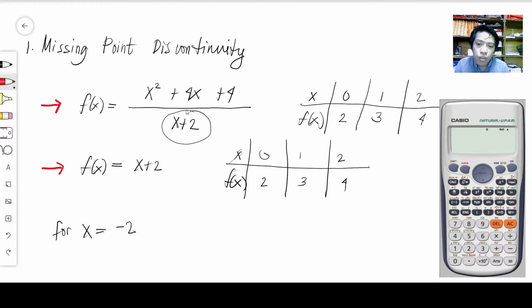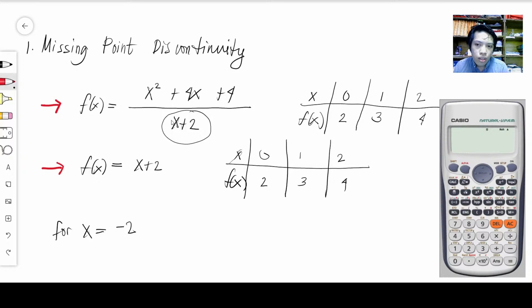So one function is undefined, while the other has a value of f of x that is a real number, and that is 0. The difference between the two is that this function is undefined only when x is equal to negative 2. This means this function has a missing point. That's why it's called missing point discontinuity.